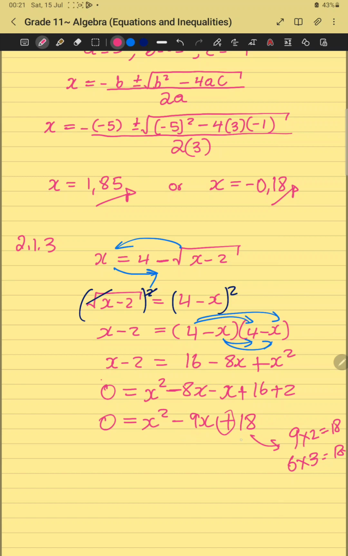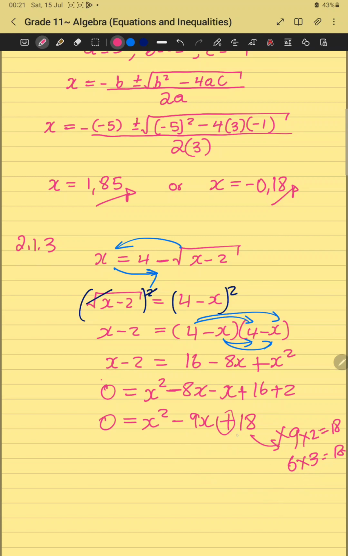So let's check the first one. 9 times 2 is 18, but 9 plus 2 is 11. So 11 does not give us the middle term, which is 9, so this one is wrong. Let's take a look at this one. 6 times 3 is 18, and 6 plus 3 is 9. So it gives the middle term, so this one is correct.